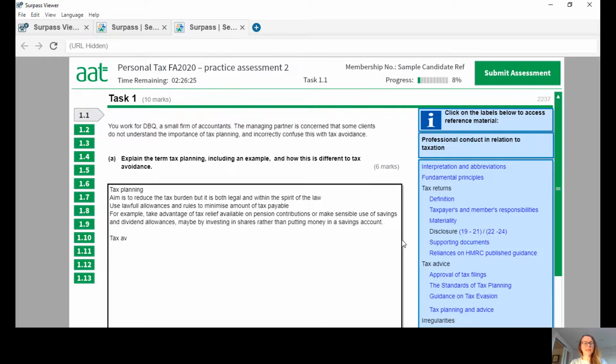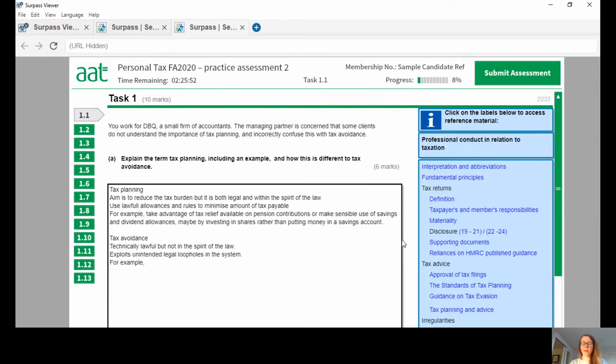As compared to tax avoidance, I would say something like it is technically lawful, but not in the spirit of the law. It exploits unintended legal loopholes in the system. It didn't ask for an example, but I think it's possibly quite neat to put one in there.